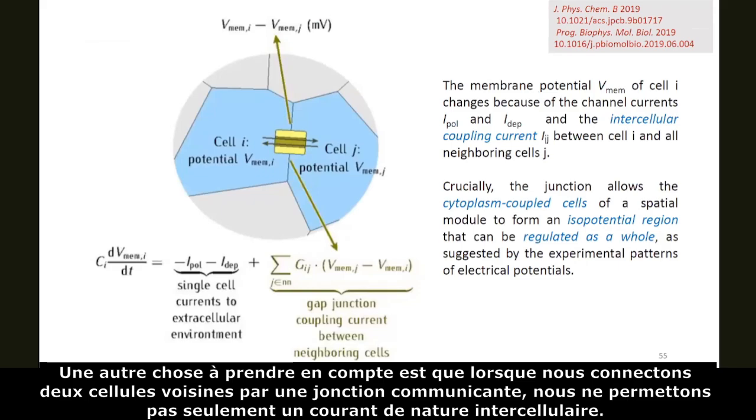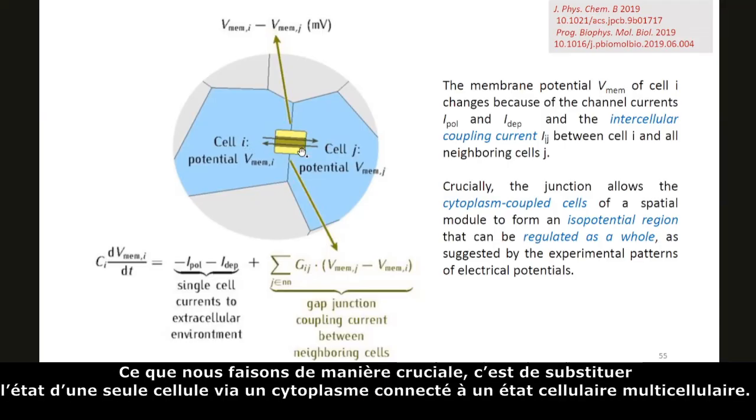Another thing to be taken into account is that when we connect two neighboring cells with a gap junction, we not only permit a current, which is intercellular in nature. What we are doing crucially is to substitute a single cell state by a cytoplasm-connected cell state, which is multicellular in nature.